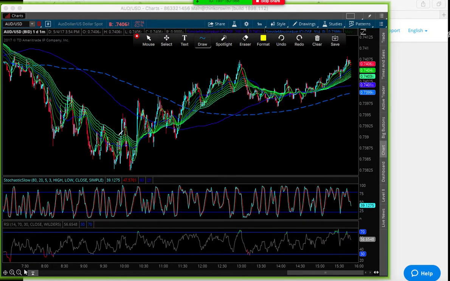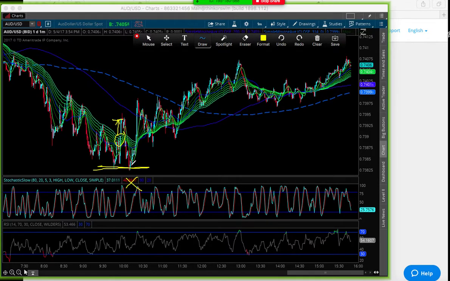Okay, so this was the first sign of a potential squeeze. Then we pulled back. So we bought here, bought in here. I added up here. Then we got into a little bit of trouble on this retest. We're just going to stop out if we broke to new lows. It held.